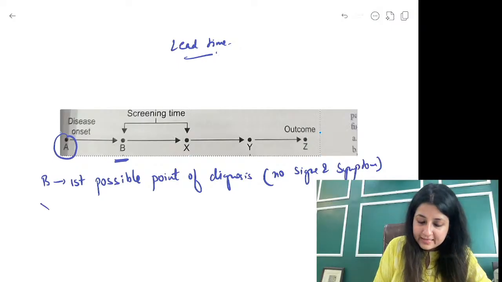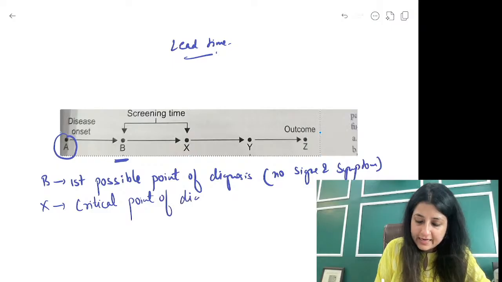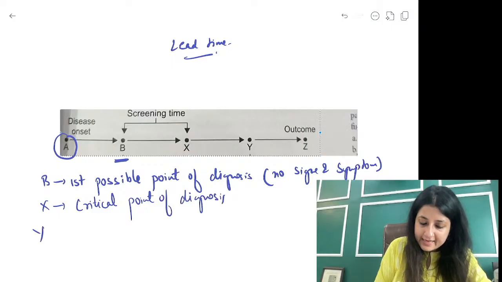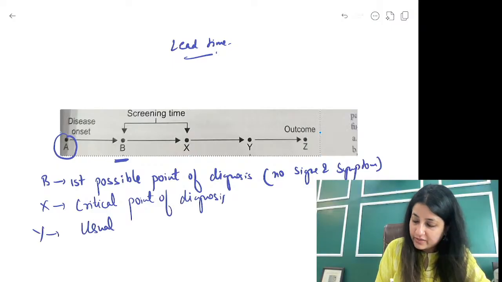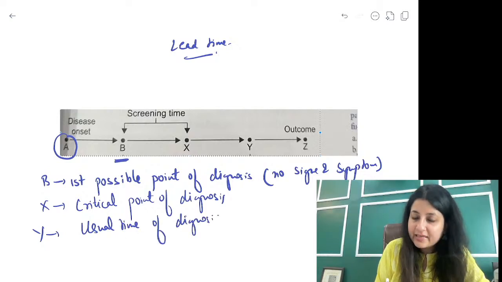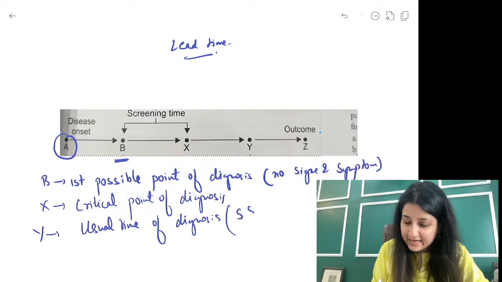What is X? X is the critical point of diagnosis, everybody. And Y is the usual time of diagnosis. Usual time of diagnosis means signs and symptoms present.